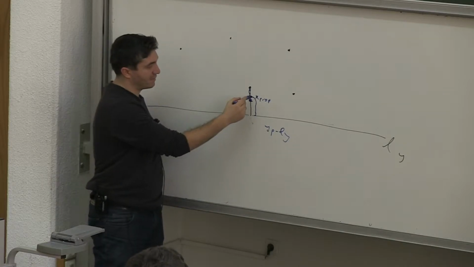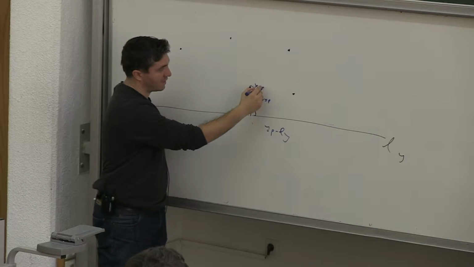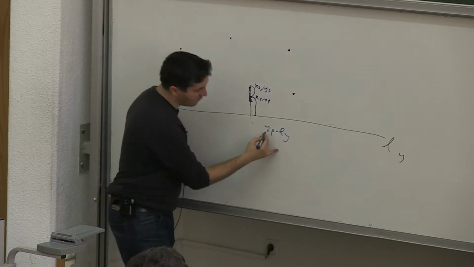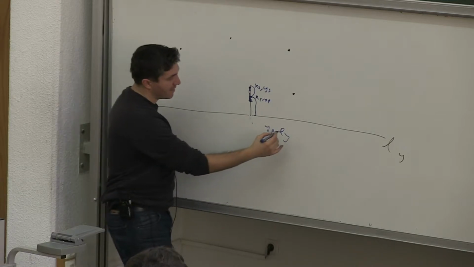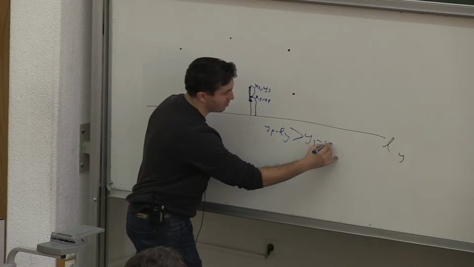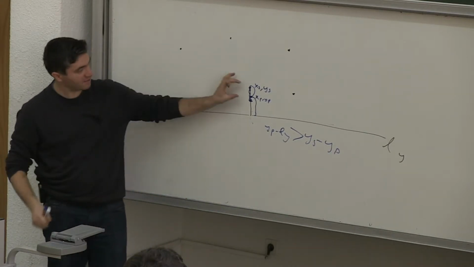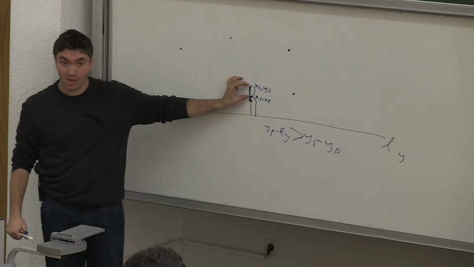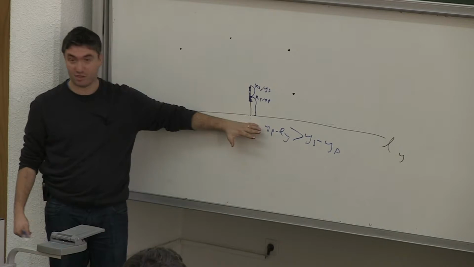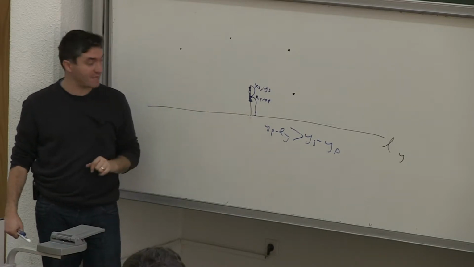If this is the site (xs, ys), and yp minus ly is greater than ys minus yp, then I know that this distance is shorter, and there cannot be any point which can claim this point. Its site is going to be this one.